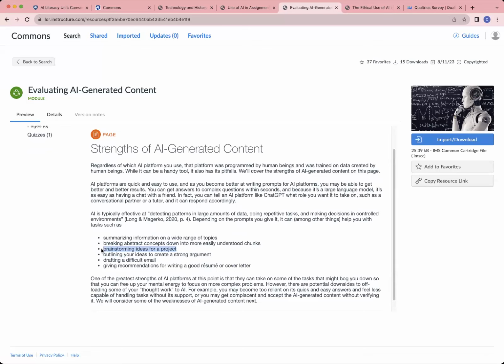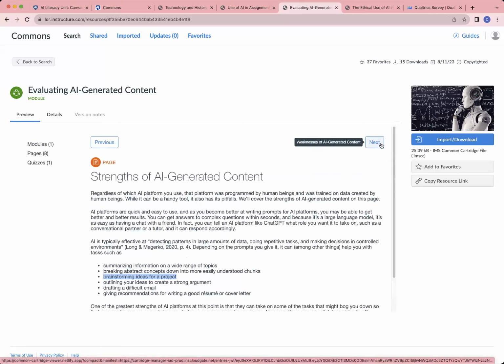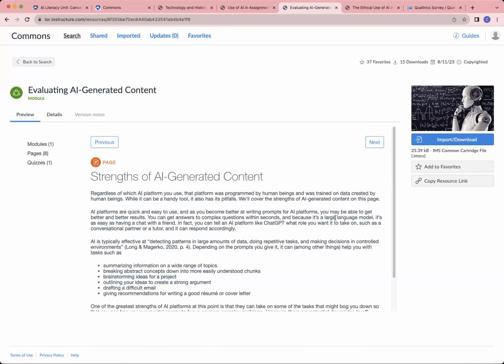That's an example I particularly like, using AI as a partner in thinking through concepts within a course. It's really useful in that regard. This can spur a lot of ideas for students, going beyond the question-and-answer dynamic and thinking about AI in its full potential as a thinking partner.